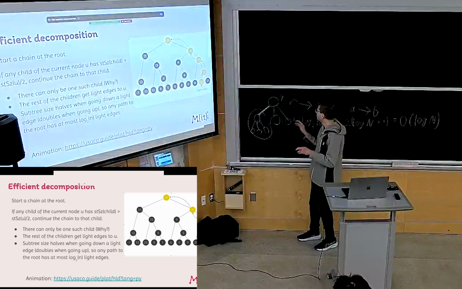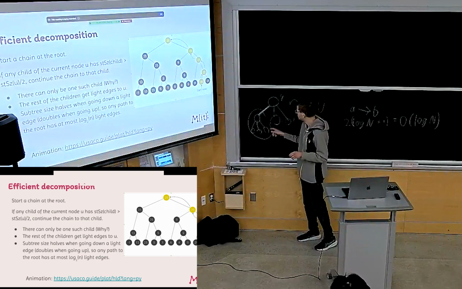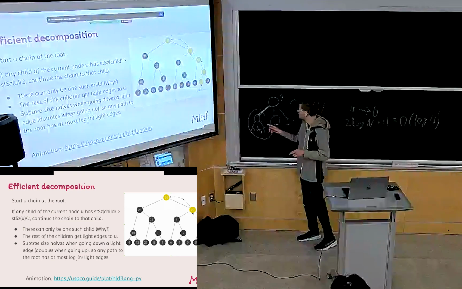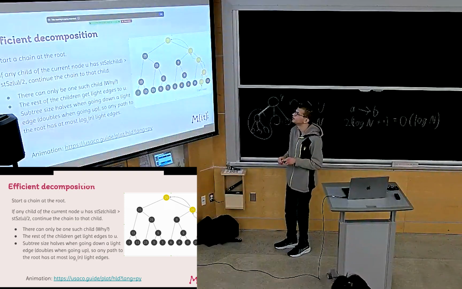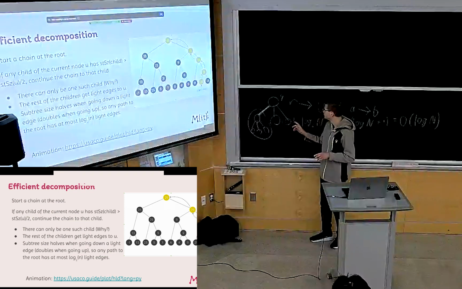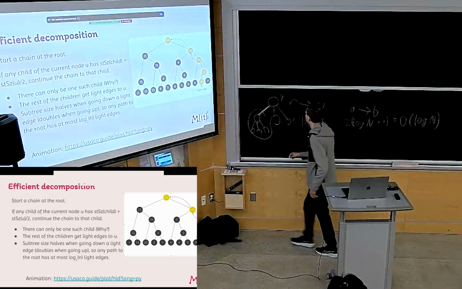So the way we pick this heavy edge is we pick it to point to the subtree that has the greatest size. But the only thing we actually care about is what happens if there is a subtree whose size is greater than half of the subtree of the original node.